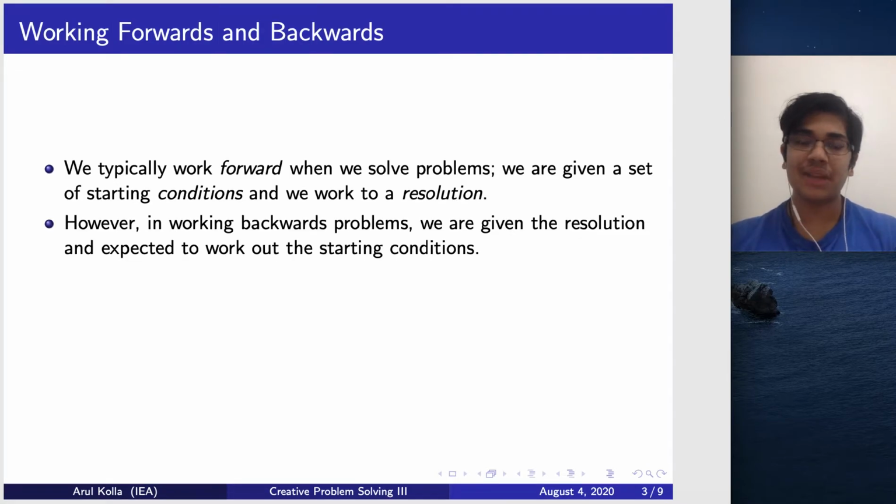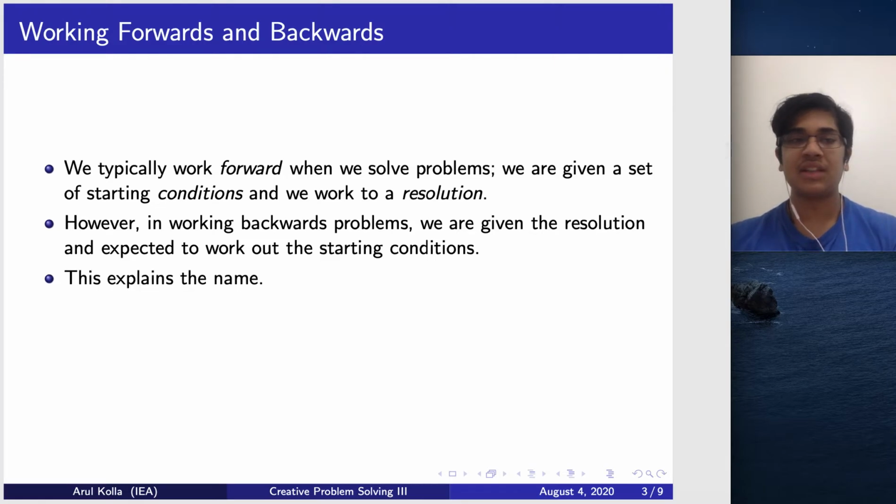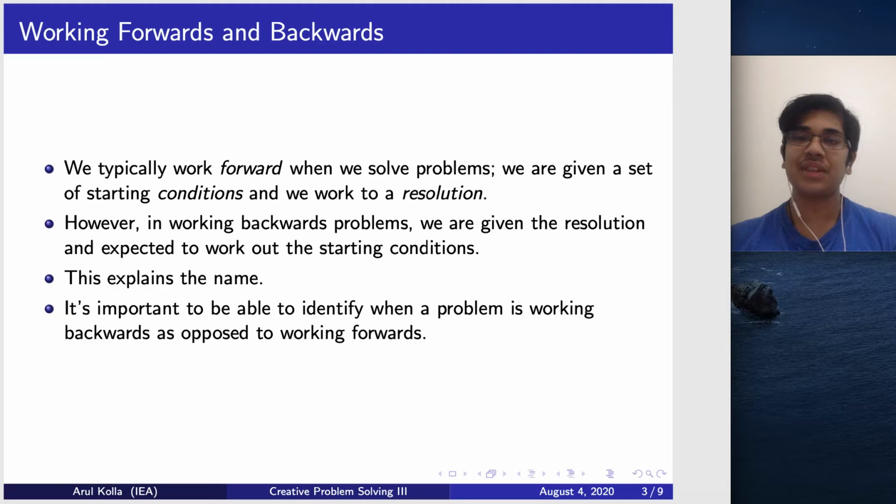But in working backwards problems, you're given the resolution and you're asked to work out the starting conditions. So you're asked, in a way, to do the reverse, but the problem will never explicitly tell you that it's a working backwards problem. Hopefully this explains the name. It's also important to be able to identify when a problem is working backwards and when it is working forwards.